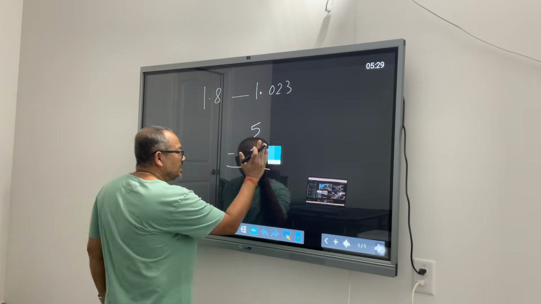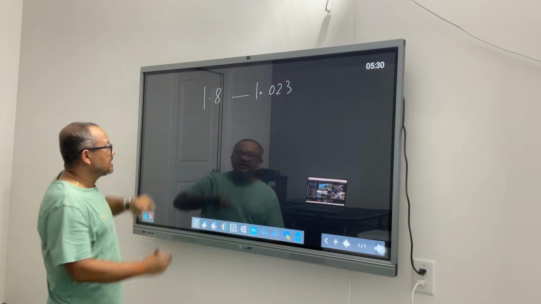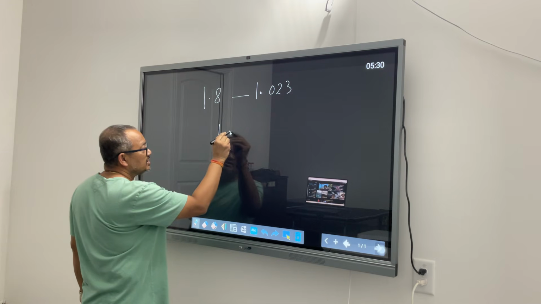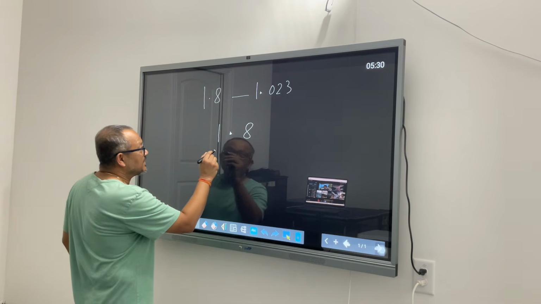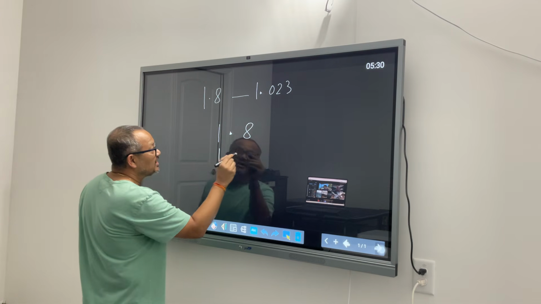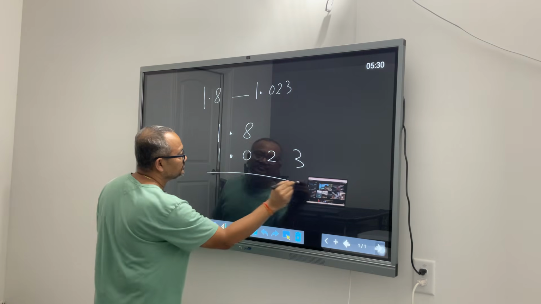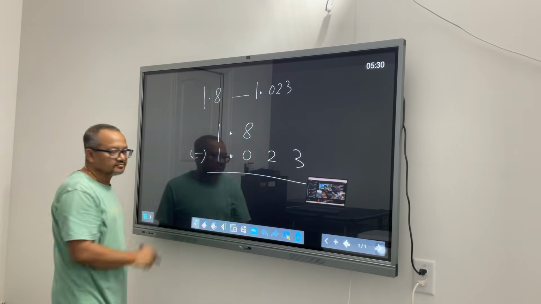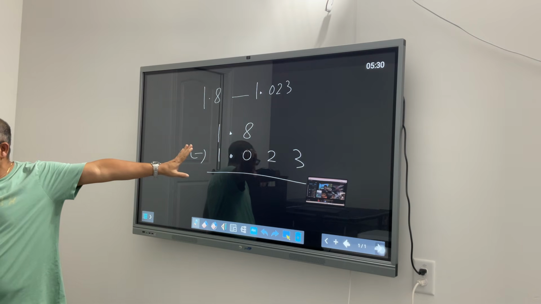So here also, same thing I will do. I have to subtract this number from this number. So, 1.8, and I have to subtract 1.023. I have just written down the numbers, okay?